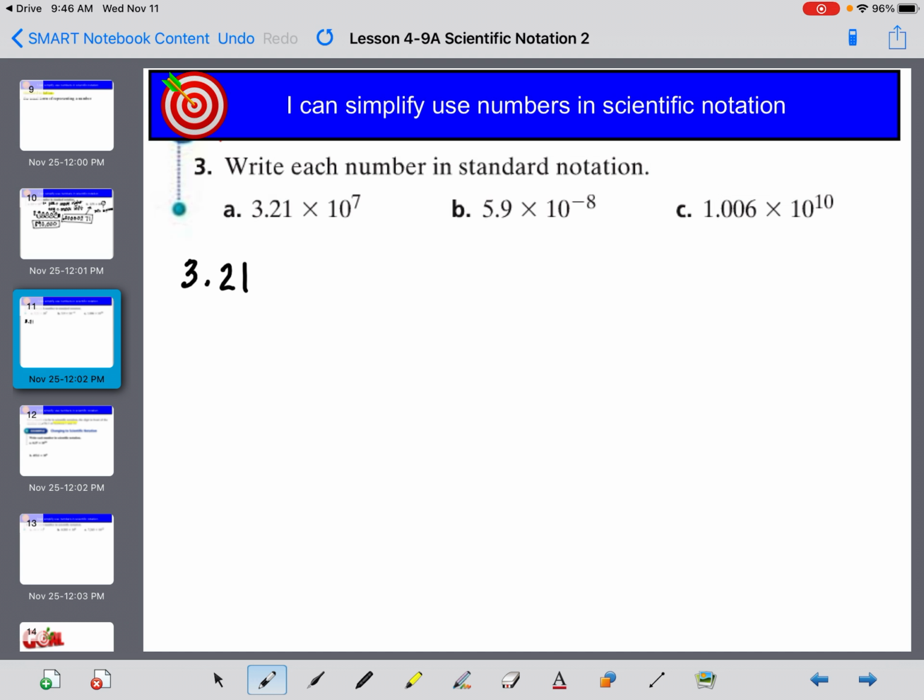Okay, I see that this exponent tells me to move the decimal 7 places right. 3, 4, 5, 6, 7. And then I add my commas in, and I get 32,100,000. Letter B, this exponent tells me to move the decimal 8 places left.